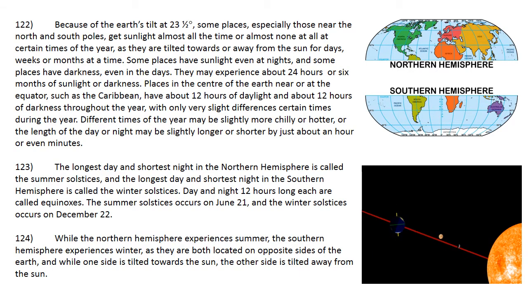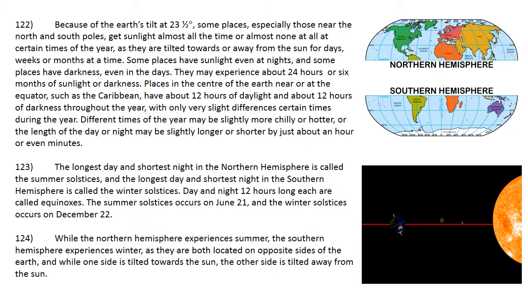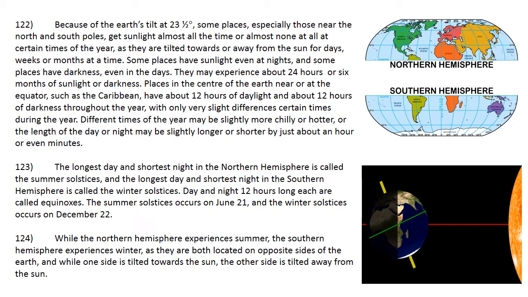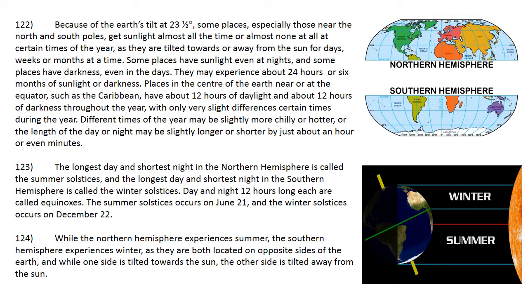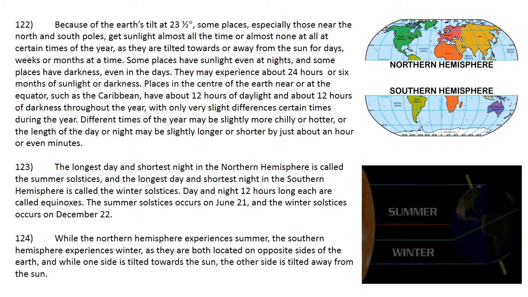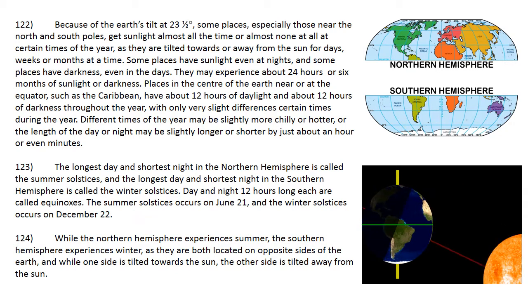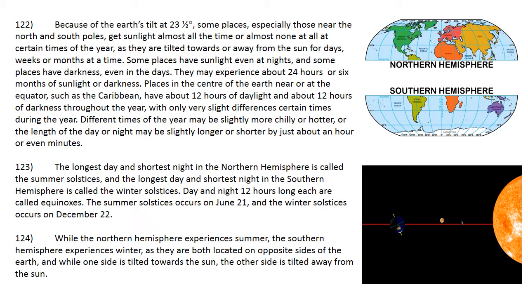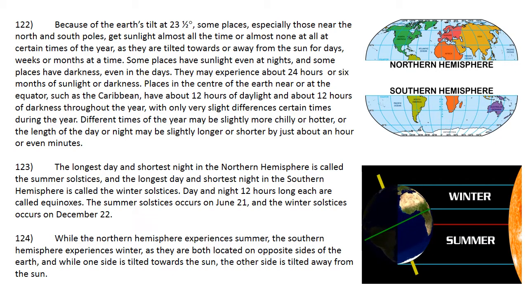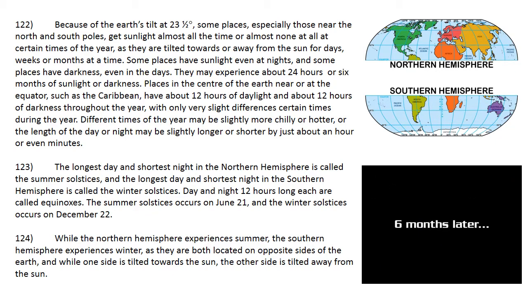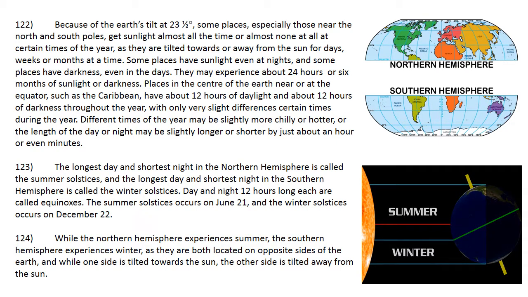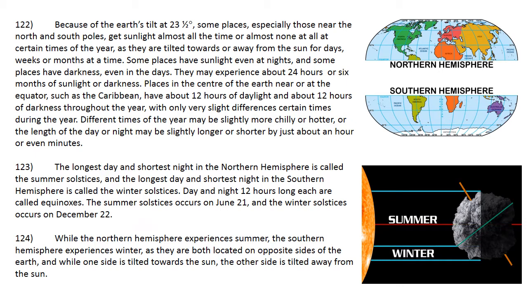So certain places on the earth will experience anywhere from about 24 hours to 6 months of darkness or sunlight non-stop throughout the year, depending on whether they are tilted towards or away from the sun, if they are near the poles.